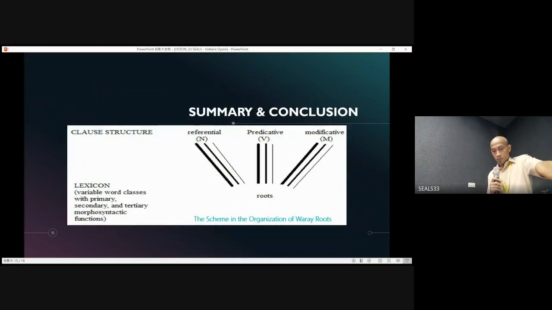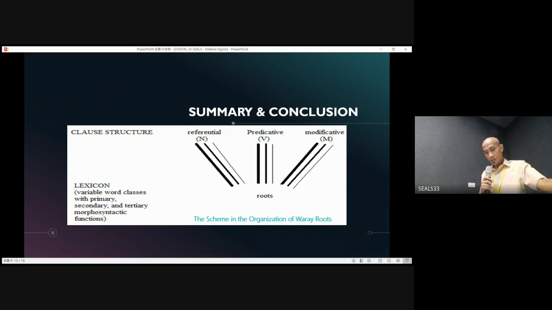In this scheme, generally, roots may have three different clause structures. Roots are variable, as indicated by the thickest line as the primary function, the intermediate line as the secondary function, and the relatively thin line as the tertiary function. Thus, in Waray, an event-evoking root could primarily function as a predicate, secondarily as a noun, and tertiarily as a modifier.